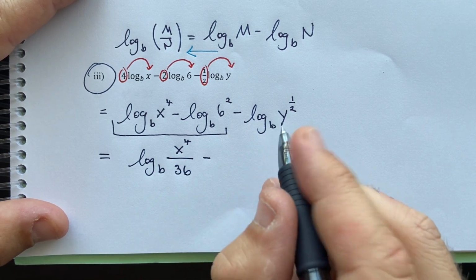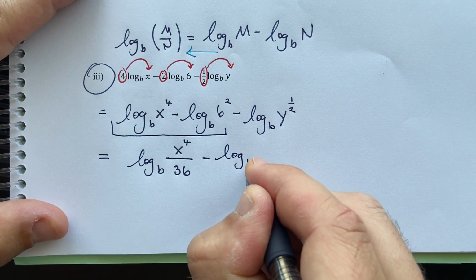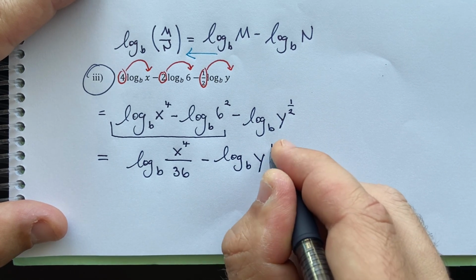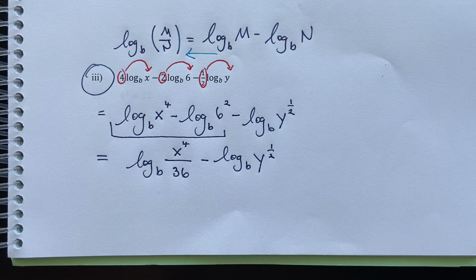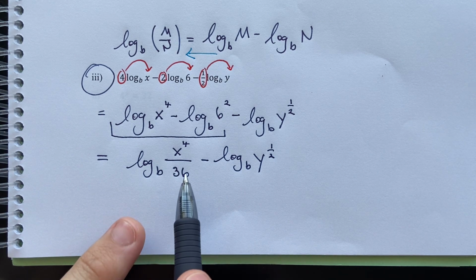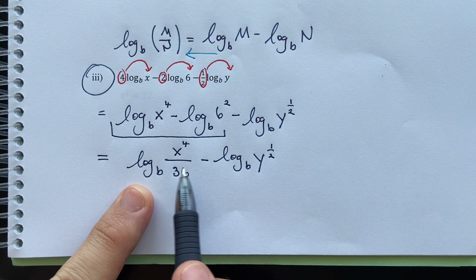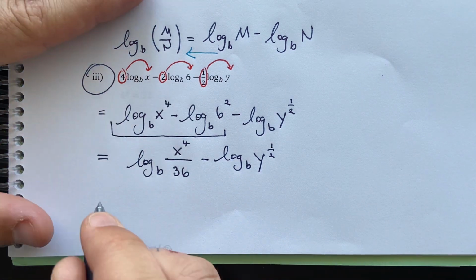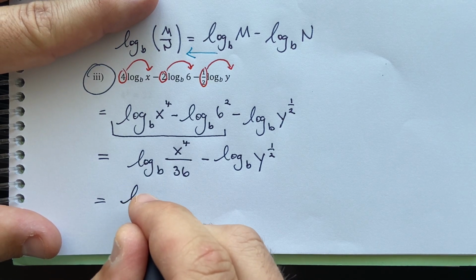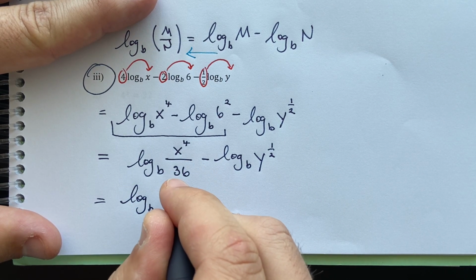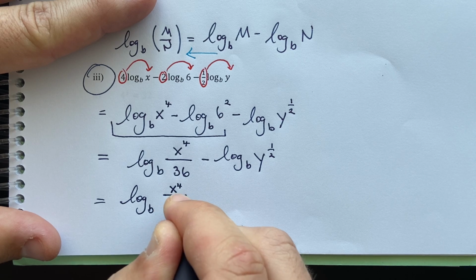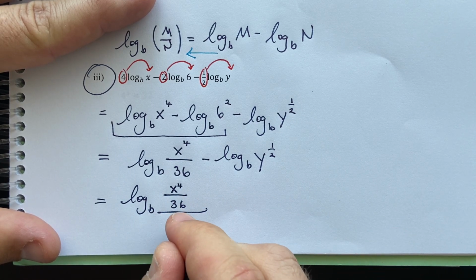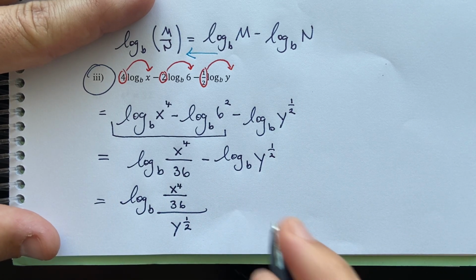And then I still have minus log base b of y to the 1/2. So now I have another round of this quotient rule because I have another subtract. So this will be equal to log base b of x to the fourth over 36, over y raised to the 1/2.